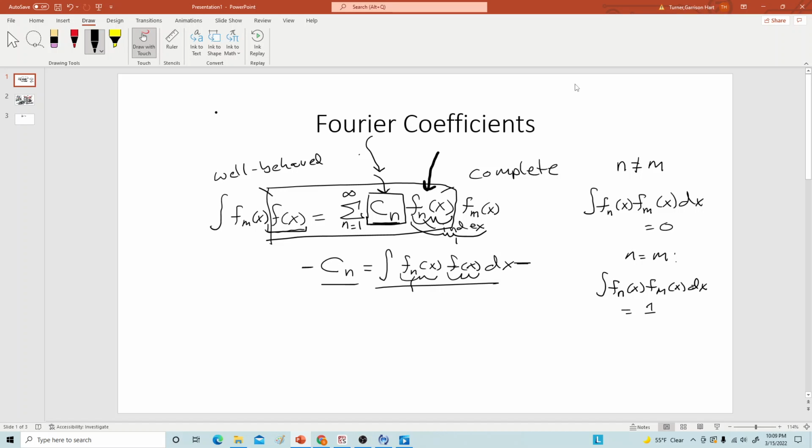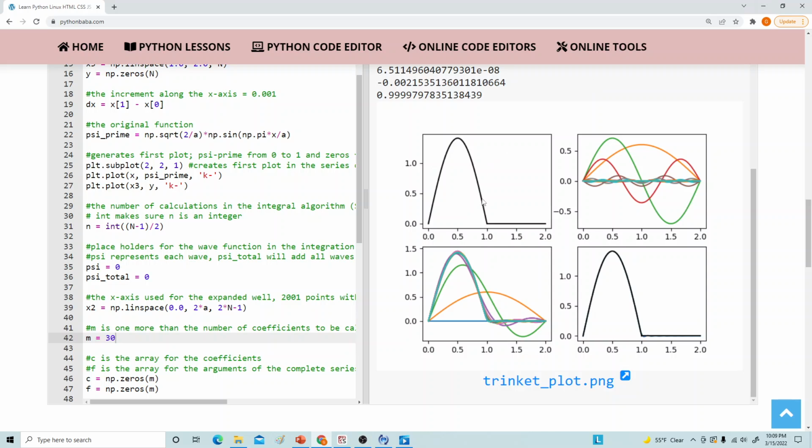And there are better integration techniques than Simpson's rule. That's another thing I should have mentioned, right? Not just the interval issue or the increment issue, but is Simpson's rule the appropriate integration algorithm here? It turns out that it's really not a bad one.